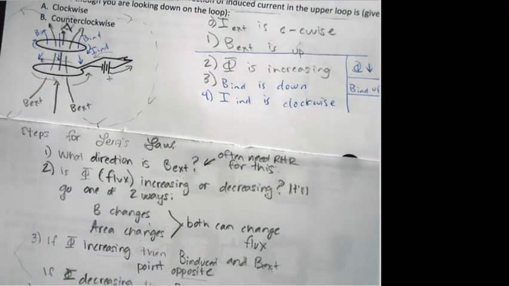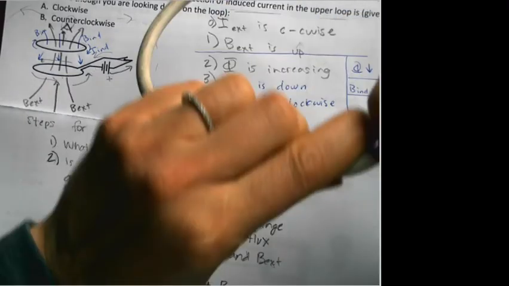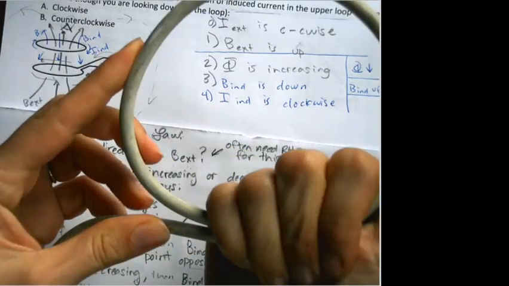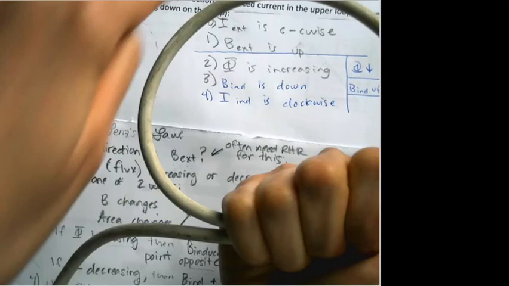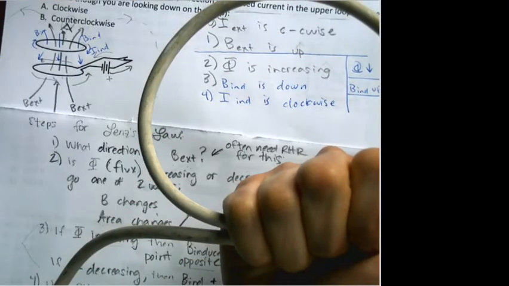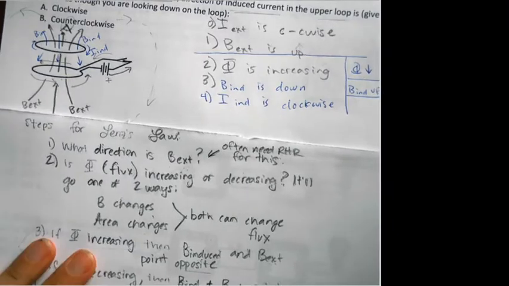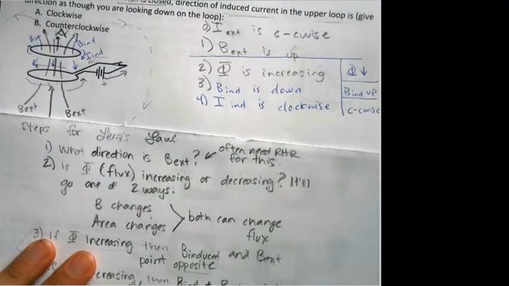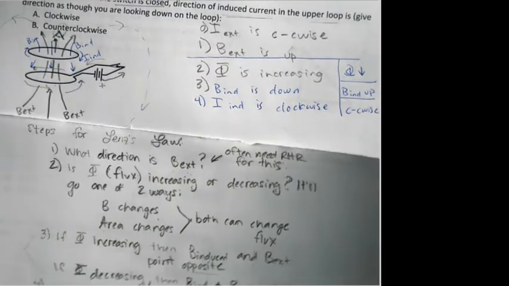If you want the magnetic field to point up, then you take your loop of wire, your thumb points in the direction like that, and the magnetic field is coming up, which means it's going around in this counterclockwise direction. So just a little bit of a different version of the same question.